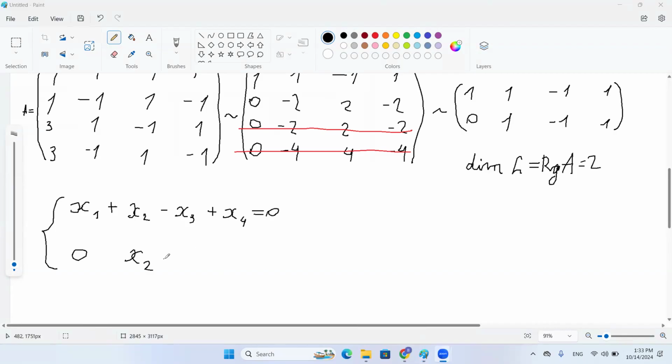Daniel? X1 and X2 are basis variables, and X3 and X4 are free. Yeah, so these variables are free: x3 and x4, and we need to write the solution depending on these variables.